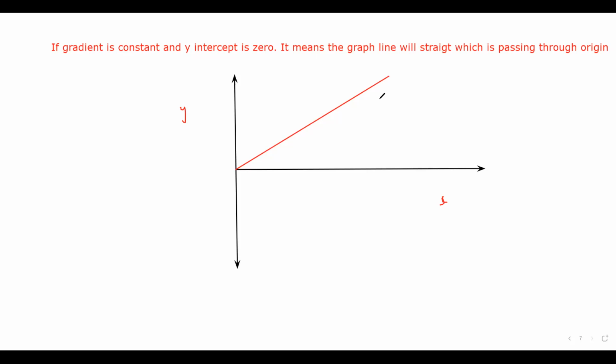And how can we show that this graph is possible? For example, if I say we have the equation s equals ut plus half at square.